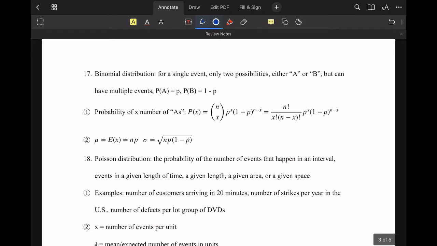It's either A or B, either yes or no, either success or fail. When you combine a lot of such sample points, then you get binomial distribution.